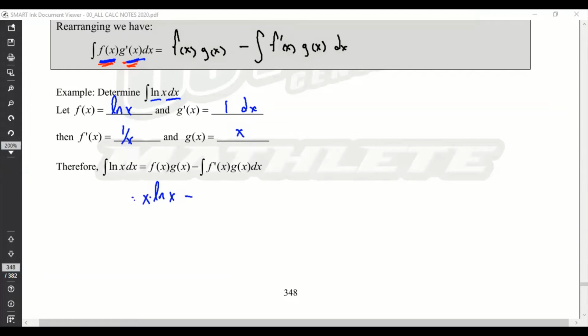Then we subtract the integral of 1 over x times g of x dx, which is equal to x ln x minus the integral of 1, so that's x. This is an indefinite integral, so we need the plus c on the end, and that's it.